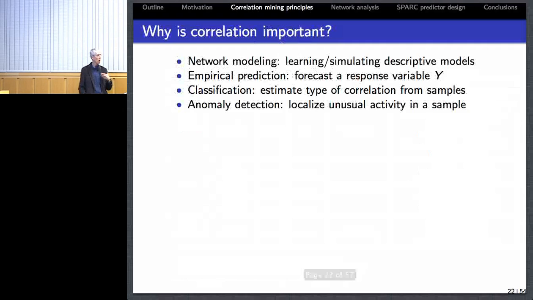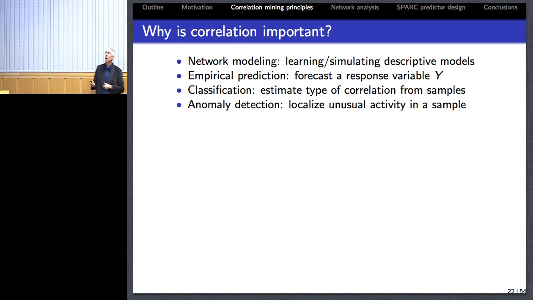All right, so why is correlation important? I've given you one example of looking at correlation for two treatments, when you're trying to find pairs of biomarkers that are interacting, but there's a much broader context. Of course, network modeling, which I was just talking about: learning or simulating descriptive models for the interaction, the co-expression, let's say, between genes.